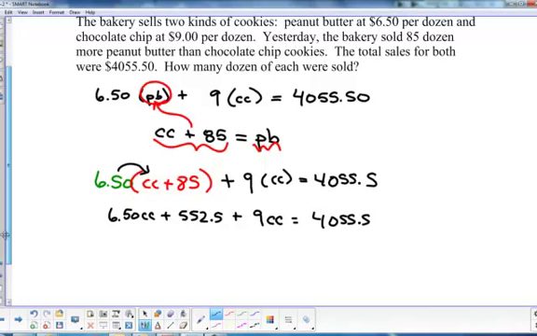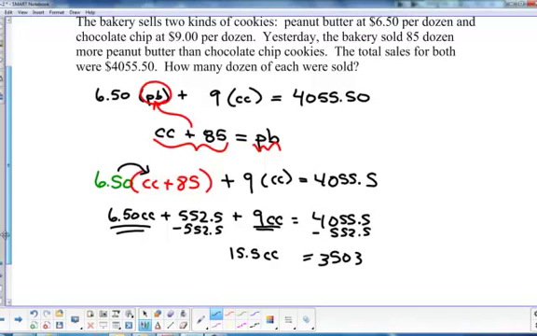So I'm going to subtract that $552.50 with a calculator, and I'm getting 3,503 equaling, and then I'm going to put my like terms together. 9 plus $6.50 is $15.50.